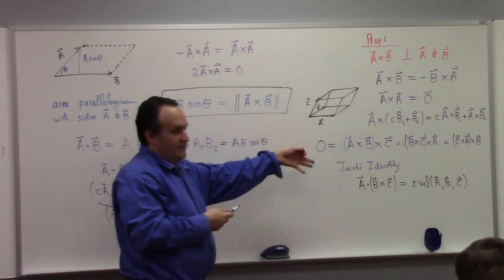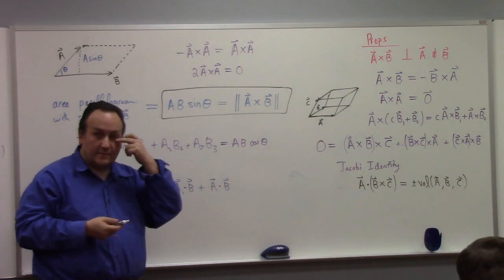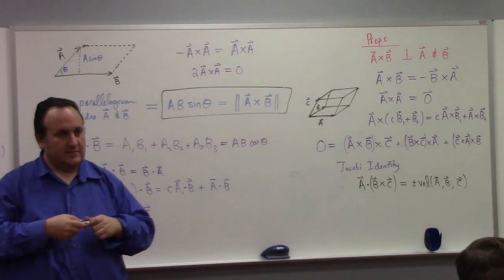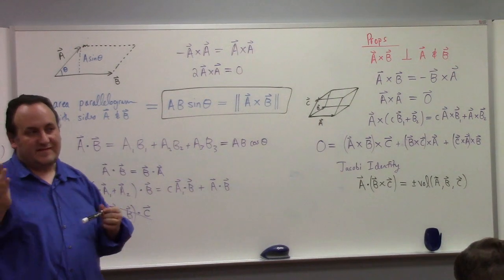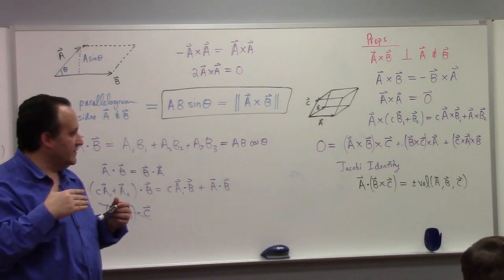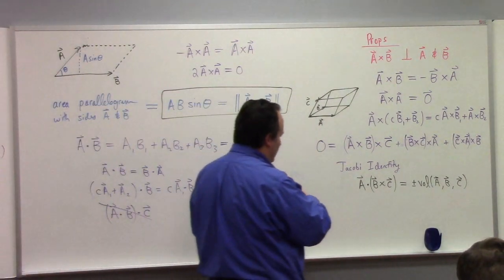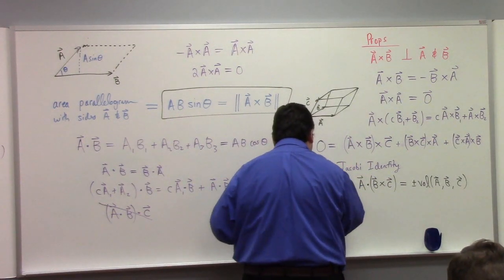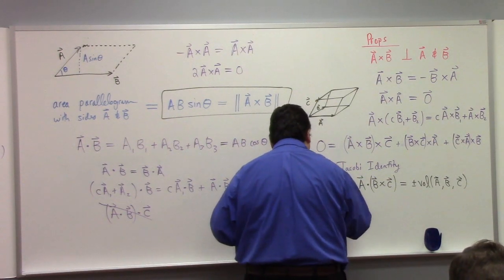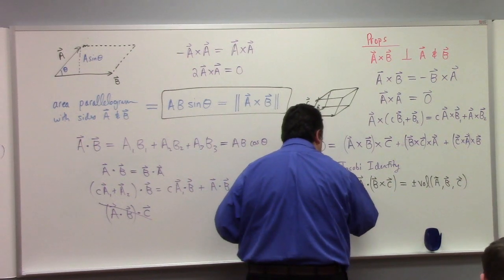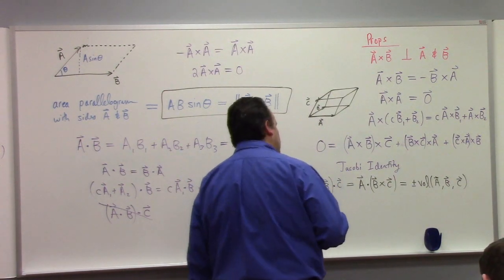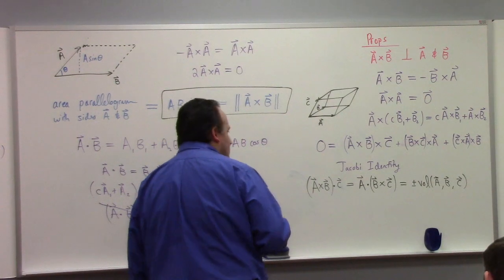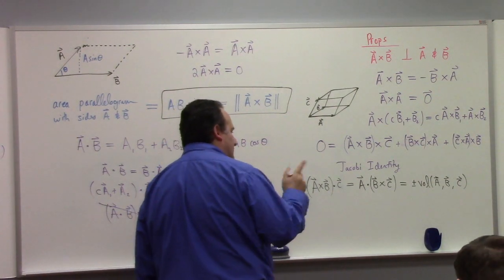The volume of that is given by plus or minus. Listen, if C is in the direction, let me do it the other way, my bad. This is equal to A cross B dot C, by the way. Oh, I might be wrong about that. It's plus or minus that.